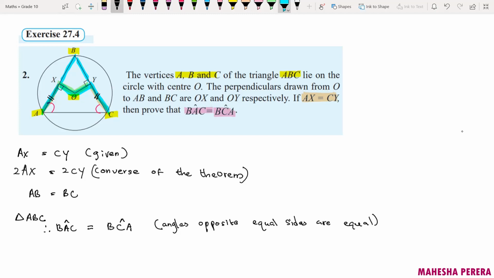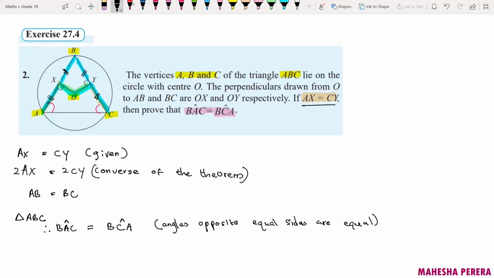So all these lengths should be equal. Let's say if this is 5 centimeters, this should be 5 centimeters, and here also 5 centimeters, and this length also 5 centimeters. So first I wrote the given data, AX equals CY.